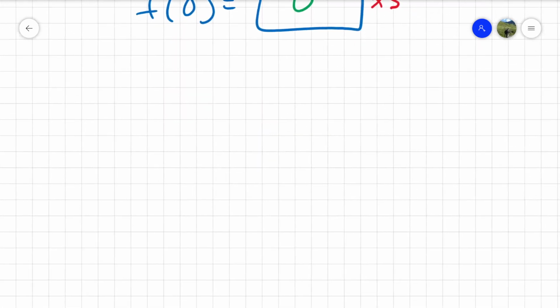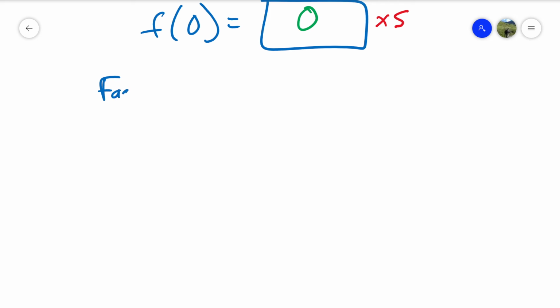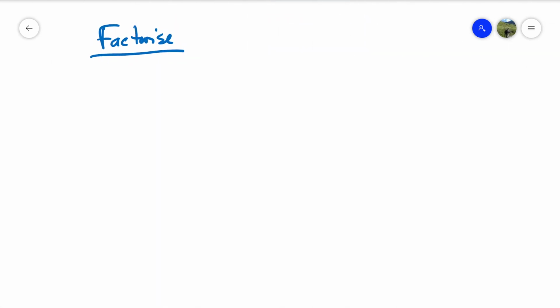We've got 3 things here. So there's 3 things to factorise, so let me just write them all out.